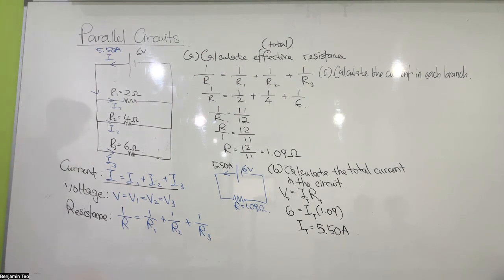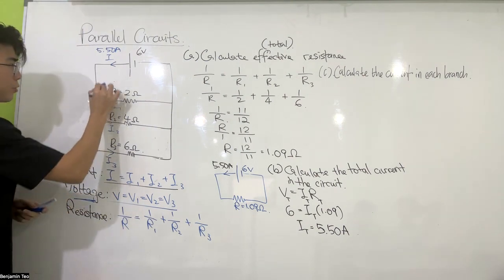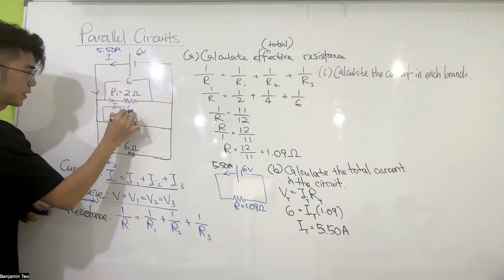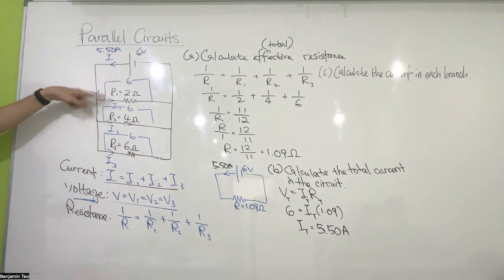Okay. Now, applying this, voltage is the same everywhere. So you know this is 6. You know this is 6. You know this is 6. Okay, it's the same number.